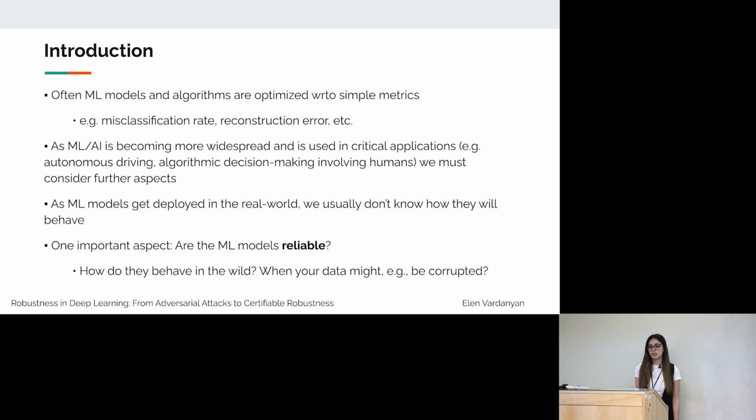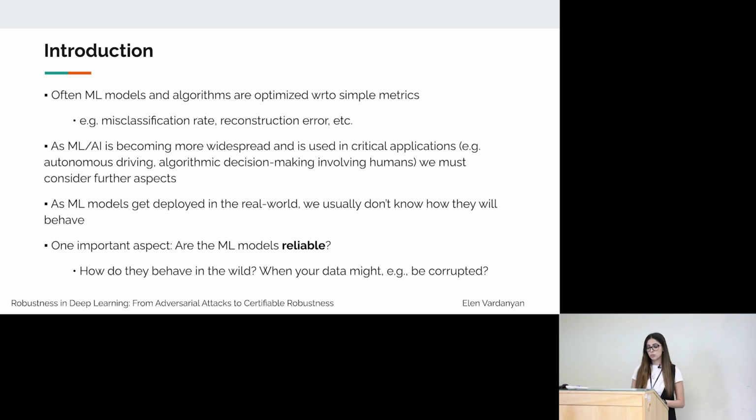Often we have these different machine learning models and algorithms which are optimized with respect to just simple metrics such as accuracy and misclassification rate. But as machine learning is becoming more widespread and is being applied in fields such as autonomous driving, these high-risk fields, and another example is the applications in health and some algorithmic decision-making which involve humans, such as the hiring process.